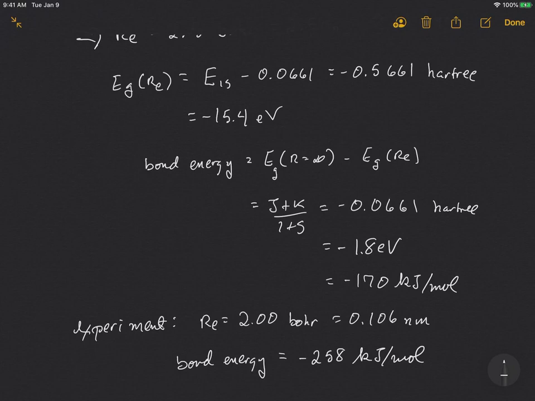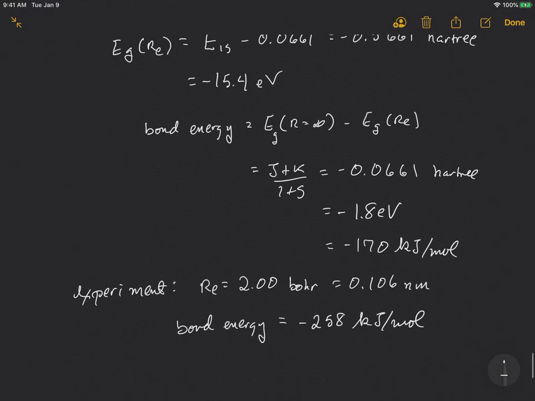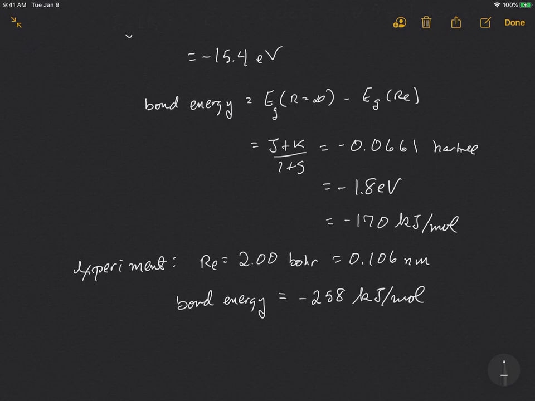And the bond energy that's obtained, again, from a higher level calculation or from experiment is minus 258 kilojoules per mole. So there's a fair amount of error in this calculation. Nevertheless, we're off by 20%, 30% in the bond distance, and we're off by maybe a little bit more than that in terms of what the bond energy is.